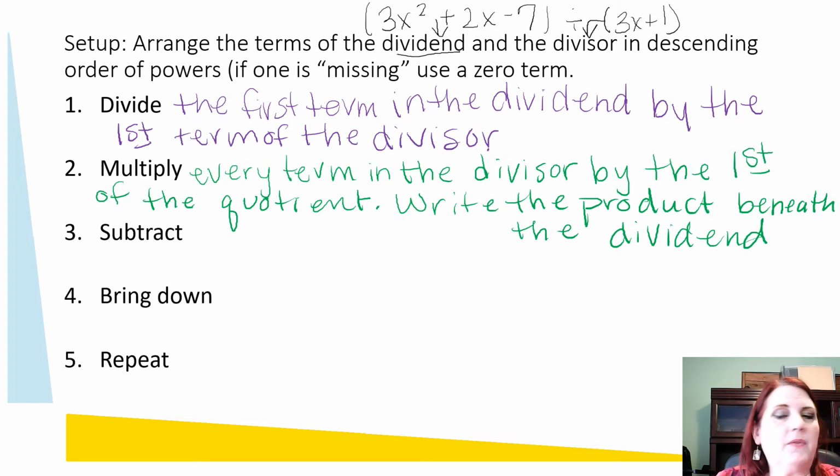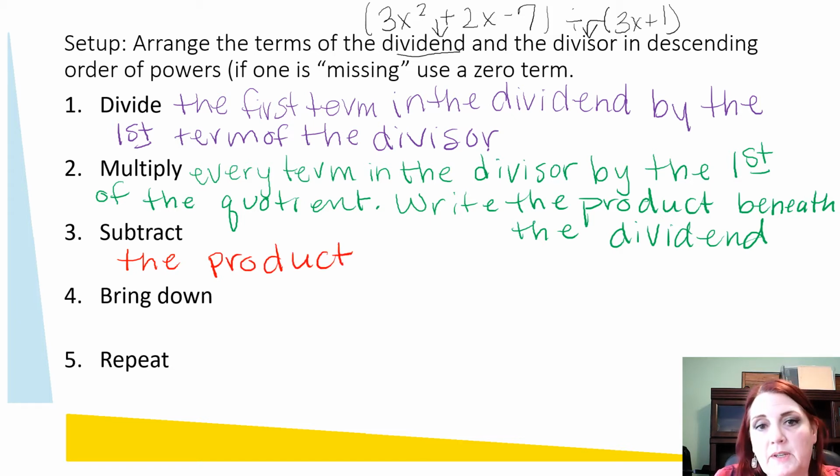The following step is to subtract. We're going to subtract that product that we just found from the dividend.